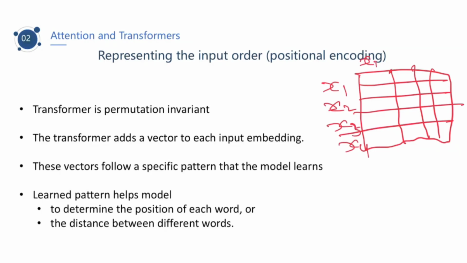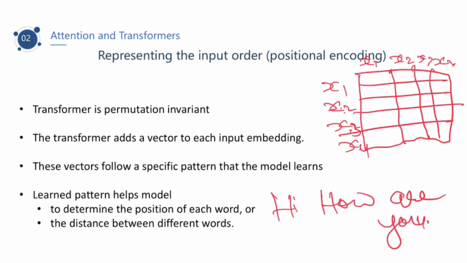Now I know that x2 will come after x1, x3 will come after x1 and x2, and x4 comes after x2, because x1 is for "hi", x2 is for "how", x3 for "are", and x4 is for "you". Now "you" is coming after "are" and all the previous words. "Are" is coming after "how" and all the previous words. So there is sequential information.